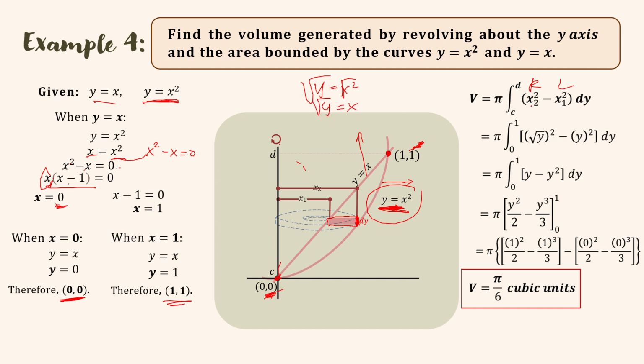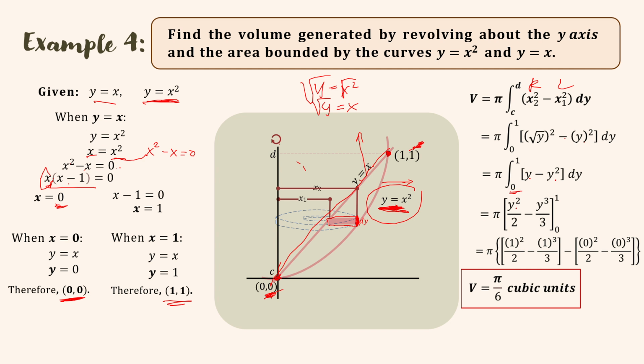So the value for our x is the square root of y, quantity squared, because the formula has a square, minus the left function, y, then squared. Just substitute, because x is equal to y. Then dy. Squared, this becomes y, and this becomes y squared. And the bound is from 0 to 1, dy.